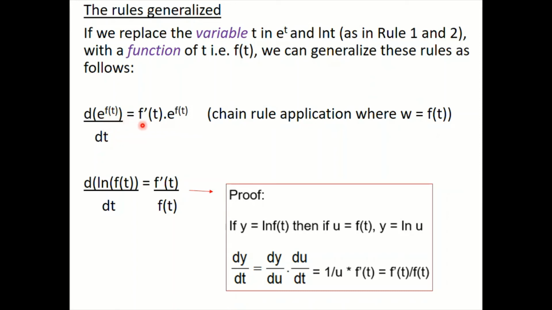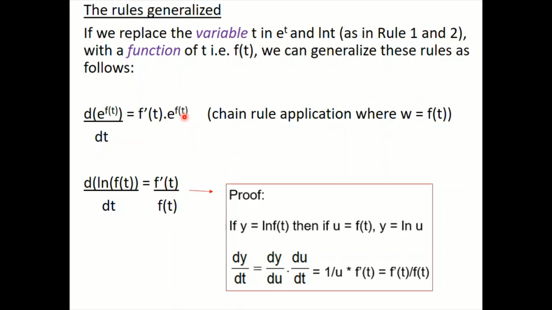Well, our rule, which we did see earlier, would be to find the derivative of this function of t multiplied by what we have here in the brackets, e raised to the function of t.